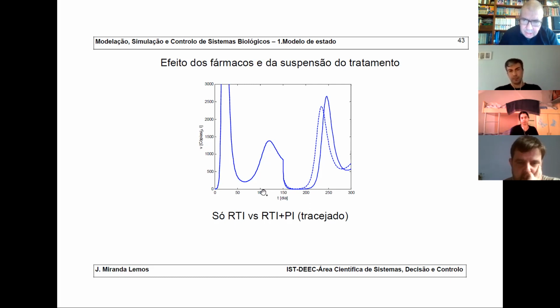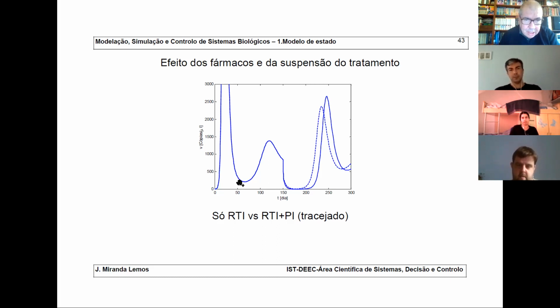So you always need to take the drugs. If you stop taking the drugs, you get a kind of spring effect: it grows to a value which is bigger than what you had before.